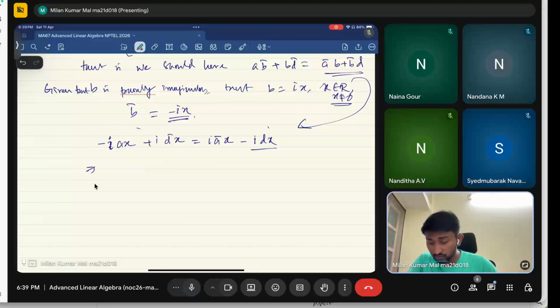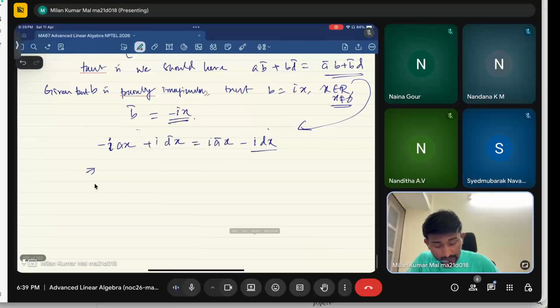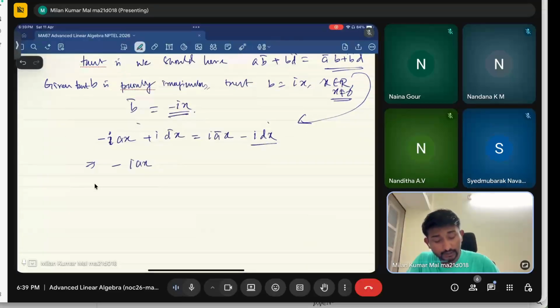Now if I take these two terms to this side, I can write i a x plus i d x equals i a bar x plus i d bar x. x is non-zero, so we can cancel x, and i we can also cancel.